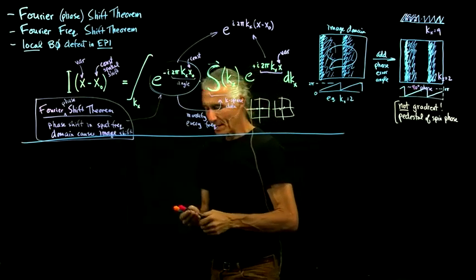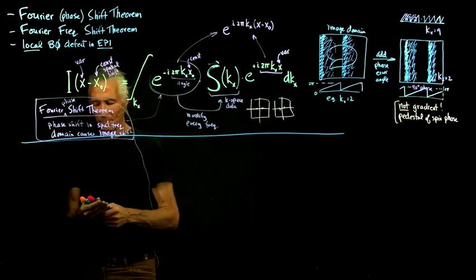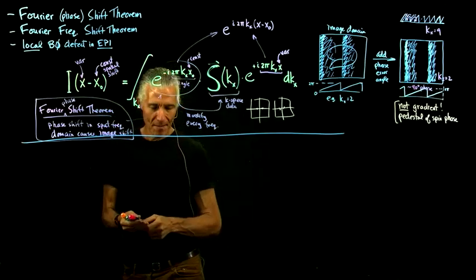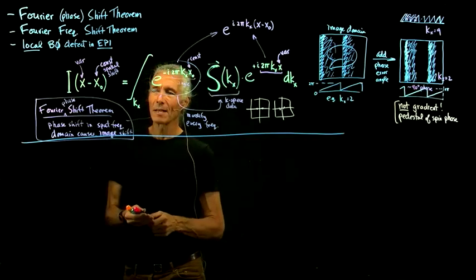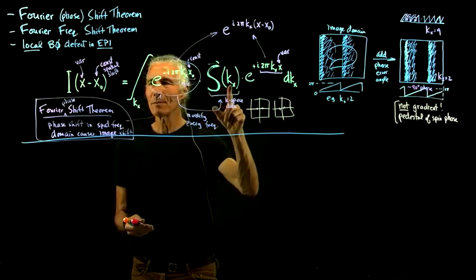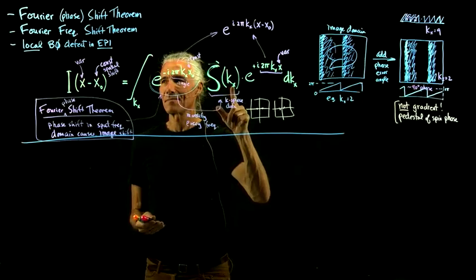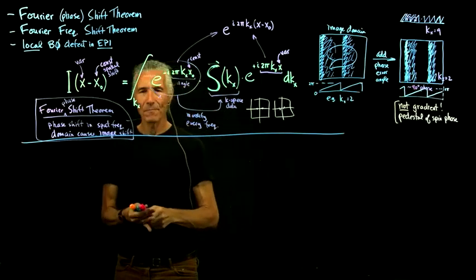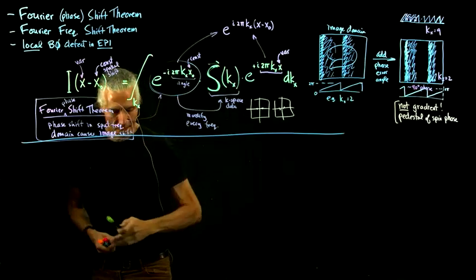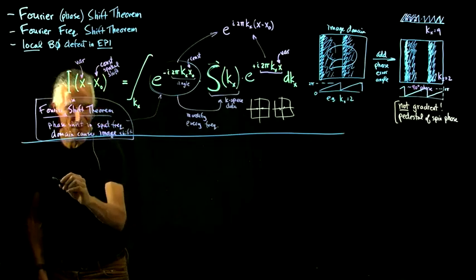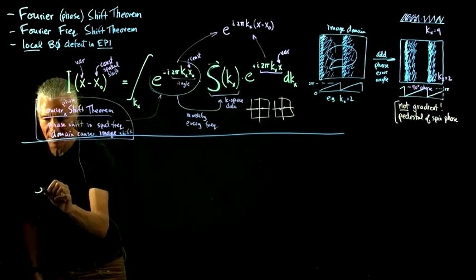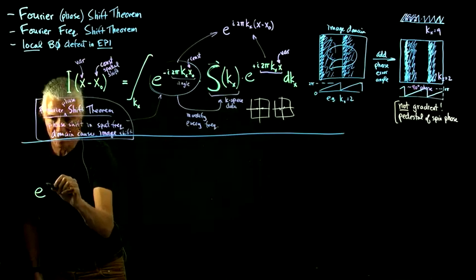But the Fourier frequency shift theorem is: what if we somehow messed up the frequency of our k-space data? So what does that turn into? It turns out that turns into a phase shift in the image. So here's the phase shift in the image.